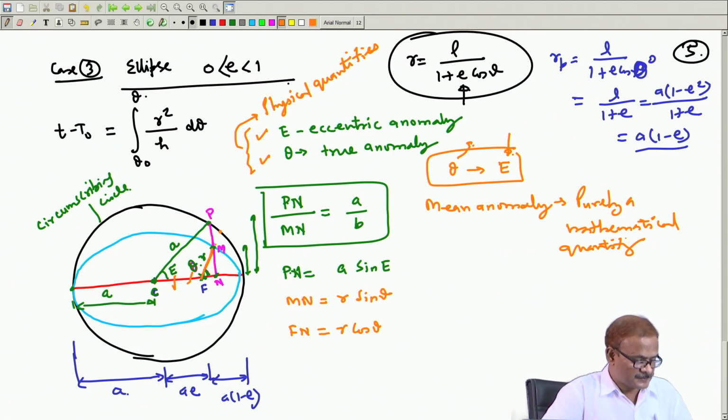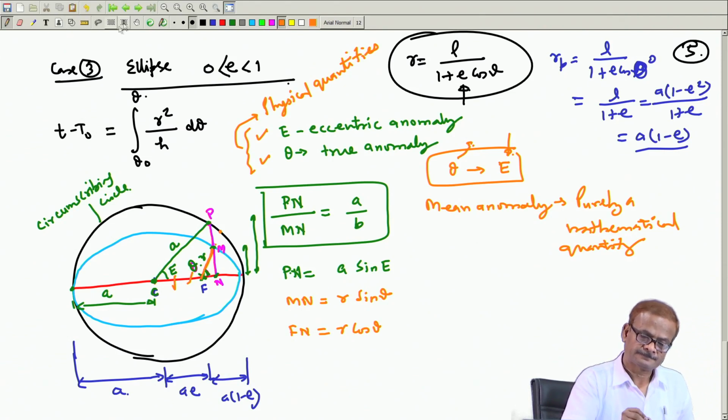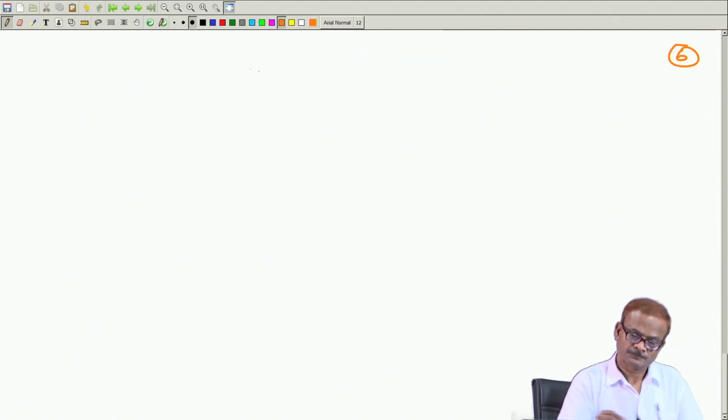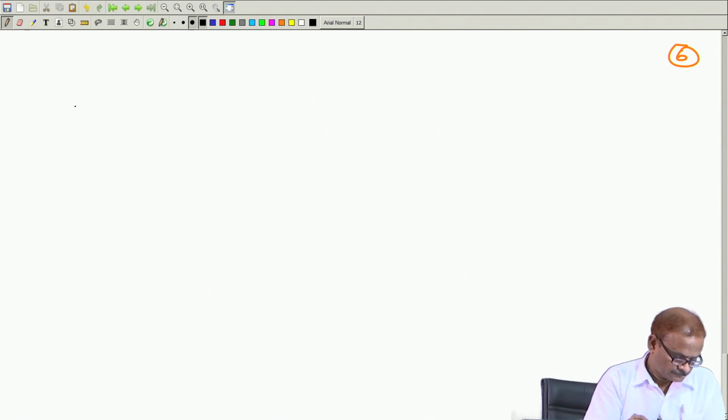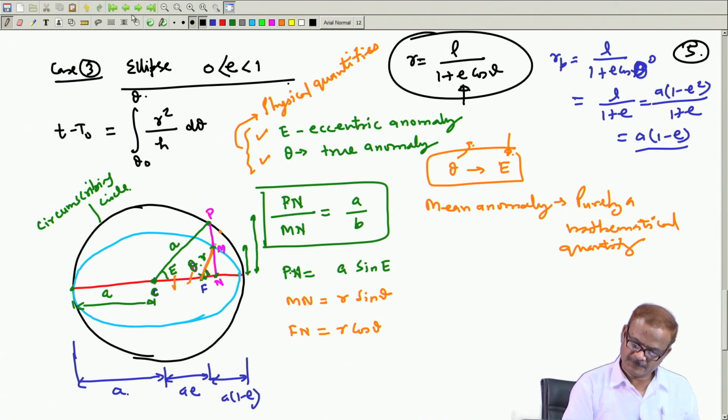Okay, with this description, now we proceed further. On the previous page we have written, and we will do a little modification here.